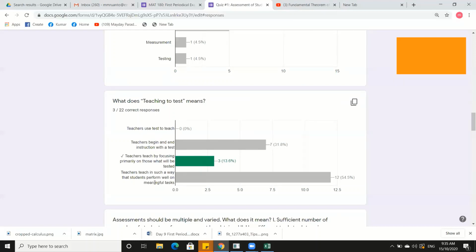Let's go to letter D. Teachers teach in such a way that students perform well on meaningful tasks. Parang marami ditong nagkakamali. So in this case, this is more of an authentic assessment. So you let your students perform meaningful tasks.